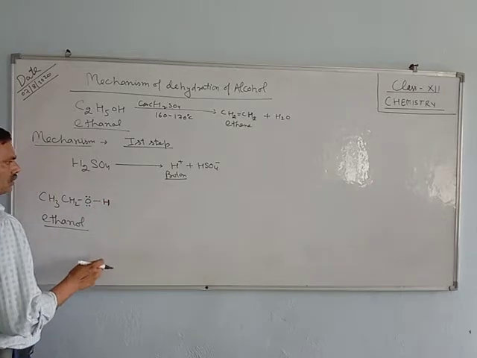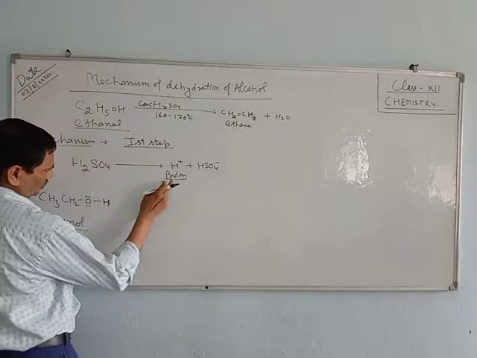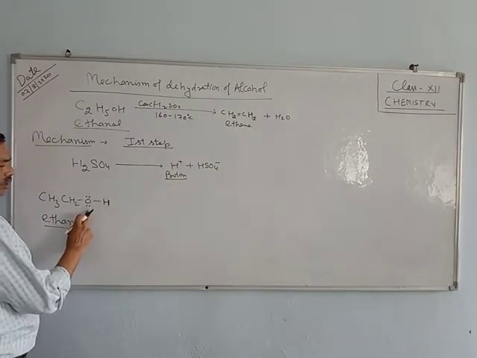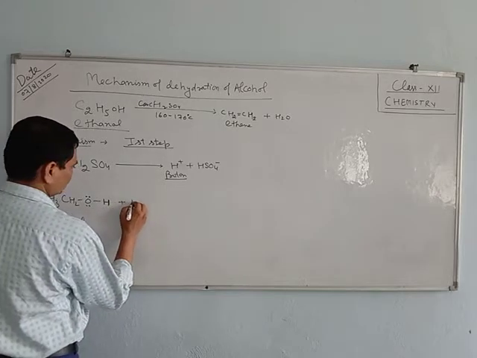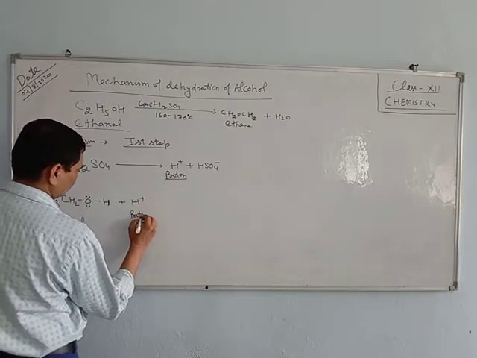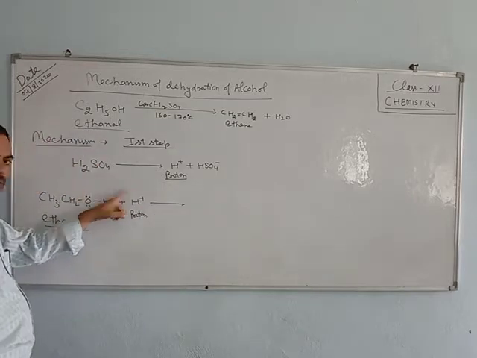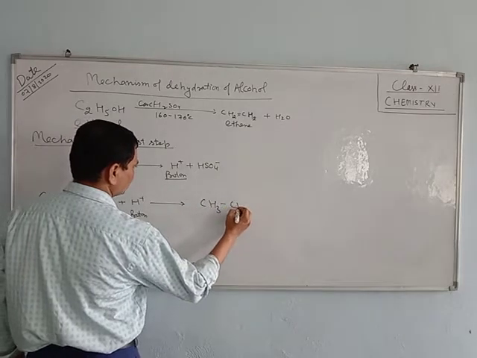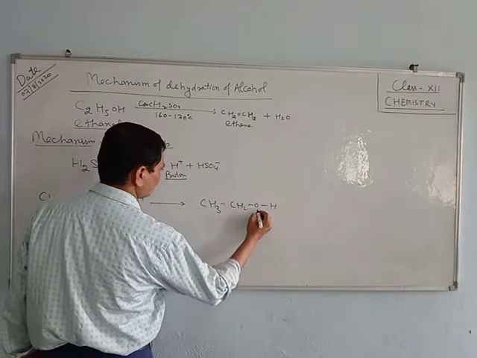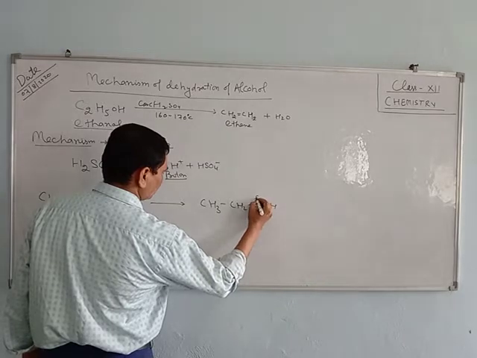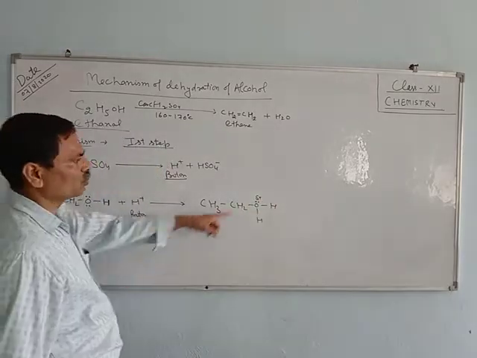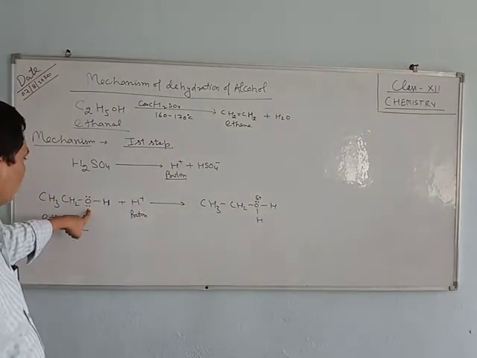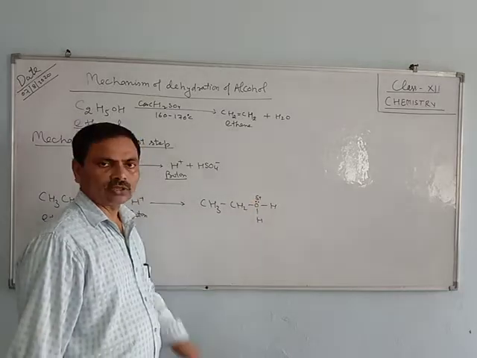What will happen? This proton attacks on this one. It forms CH3CH2OH with a proton attached. Now there is a deficiency of 2 electrons. It must have 4 electrons, but there are only 2 electrons left.